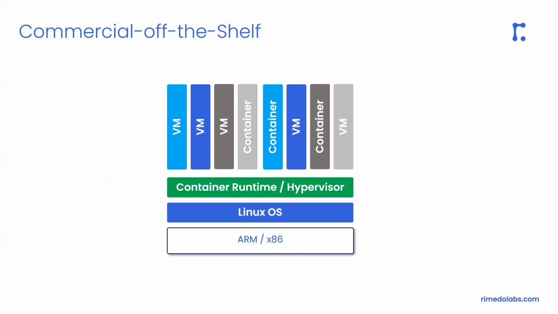So all in all, we are going into commercial off-the-shelf, which basically means we have ARM or x86 processors or computers with Linux OS on top of that. And then all of the things get virtualized. All of the radio protocols for the radio interface and the base station components get virtualized either through VMs or containers or Kubernetes pods.